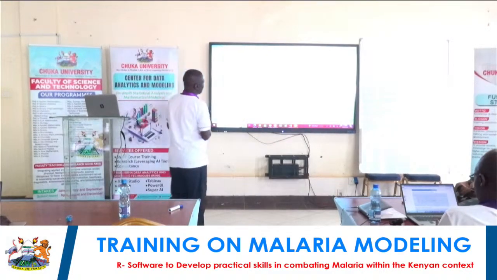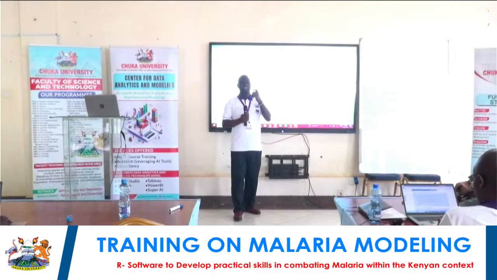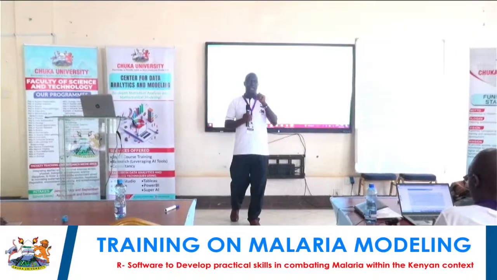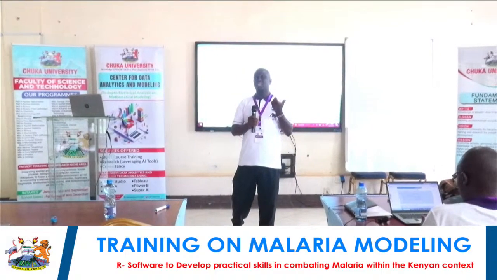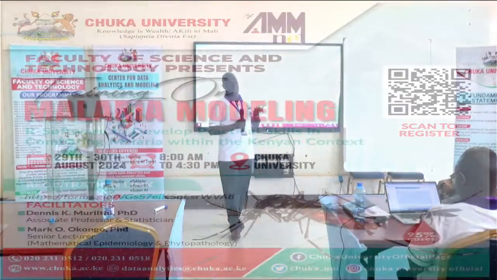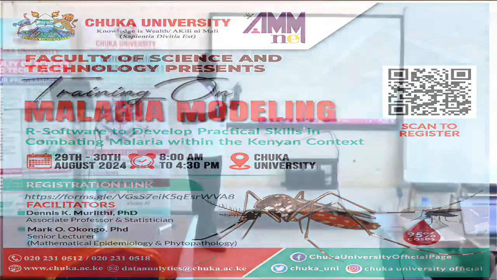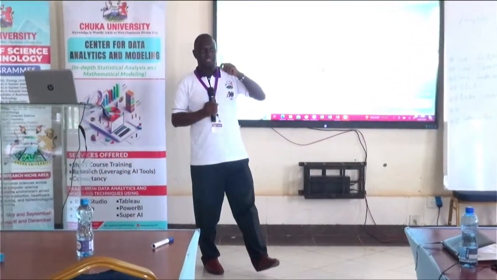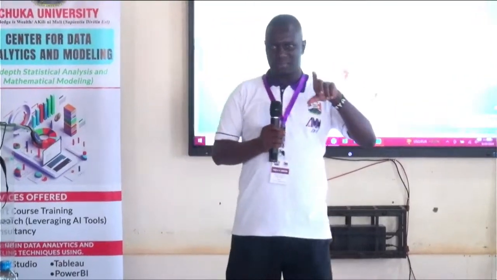Now, the importance of this information is that when we run a machine learning model and we select the best model, let's say for determining the accuracy of malaria cases in Kenya, I will go ahead and try to establish the feature that is responsible for high cases through that particular machine.